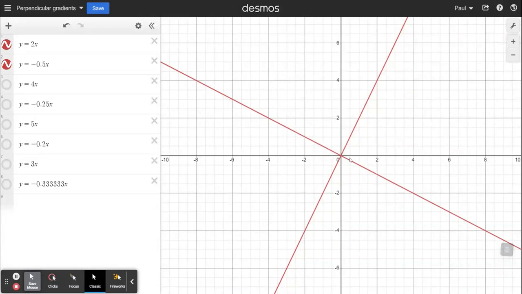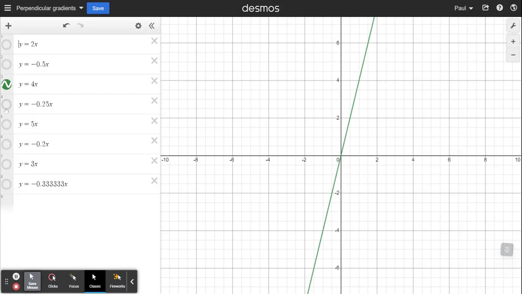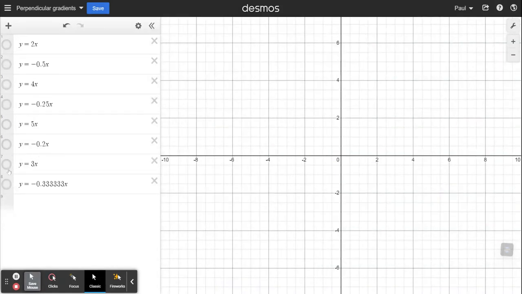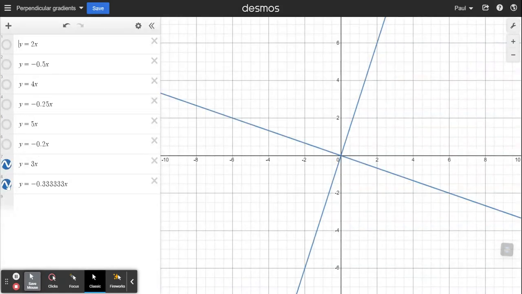In order to do that, it has to have a negative gradient. Let's look at it a little bit more carefully. What you might notice is that this is 2 and this is a half, or actually it's minus a half. If we look at the next pair, this is 4, this is minus a quarter, and this is 5, and this is minus a fifth, and this is 3, and this is minus a third.